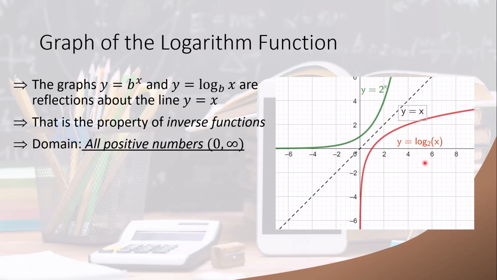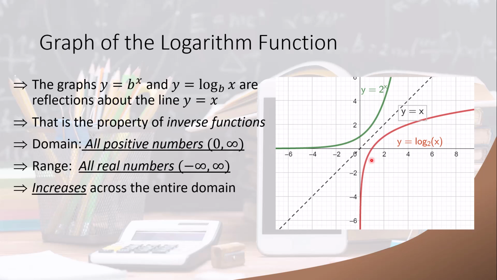Furthermore, notice that the domain for the logarithm is all positive numbers from 0 to infinity, not including 0, of course, which ironically is the range of the exponential function. Furthermore, the range for the logarithm is the entire real line. It goes from negative infinity all the way up to infinity, which ironically is also the domain of the exponential function.